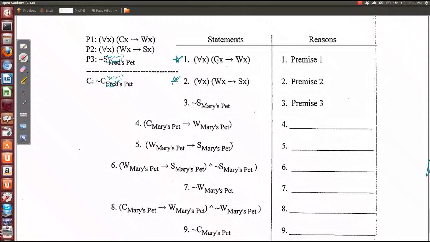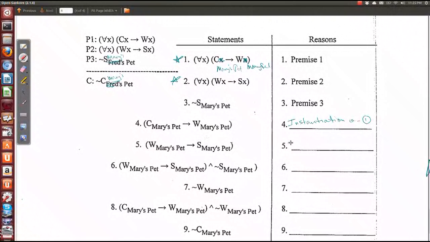So I want to change this, and the rule for changing this is instantiation. Instantiation takes x and replaces it with Mary's pet. So that's what I've got on step 4.